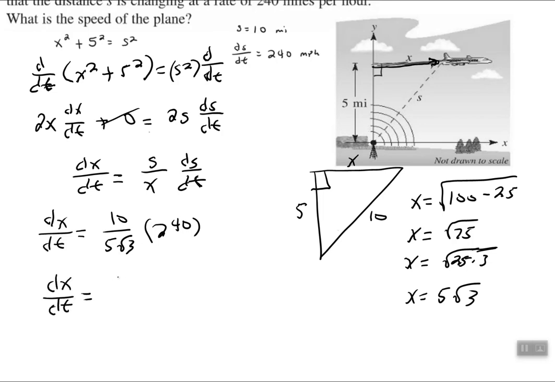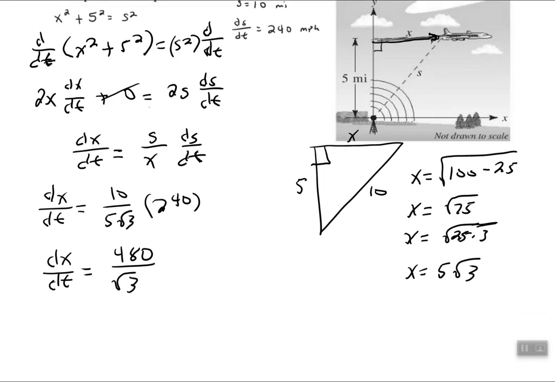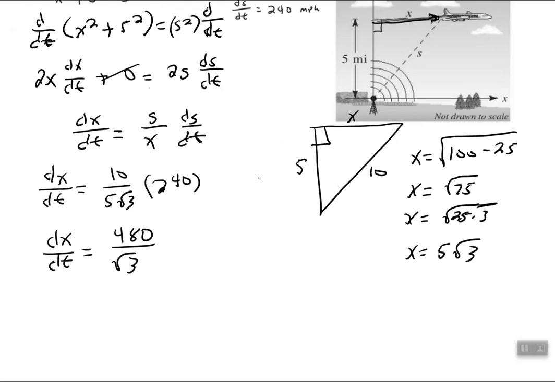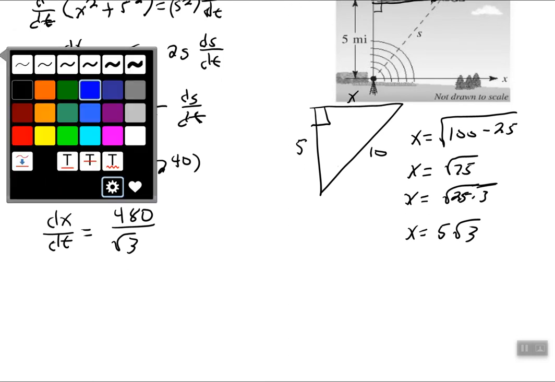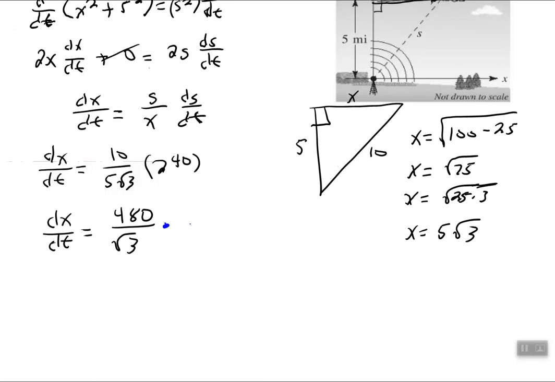And 2 times 240 is 480. 480 divided by the square root of 3. If it asks for your answer in decimal form, then you can find your decimal form from there. However, if it asks for exact form, we need to rationalize our denominator and simplify.